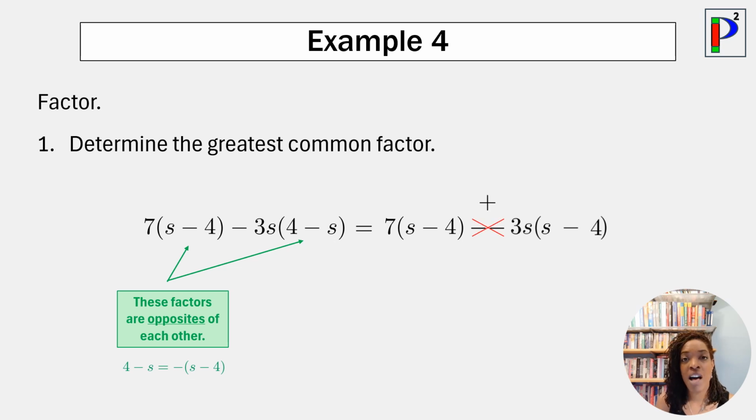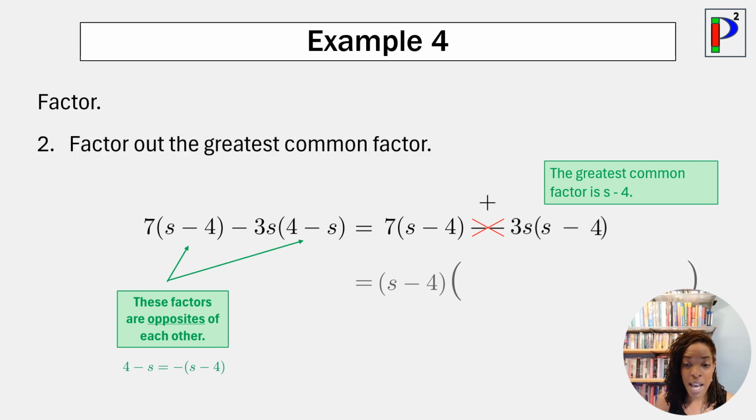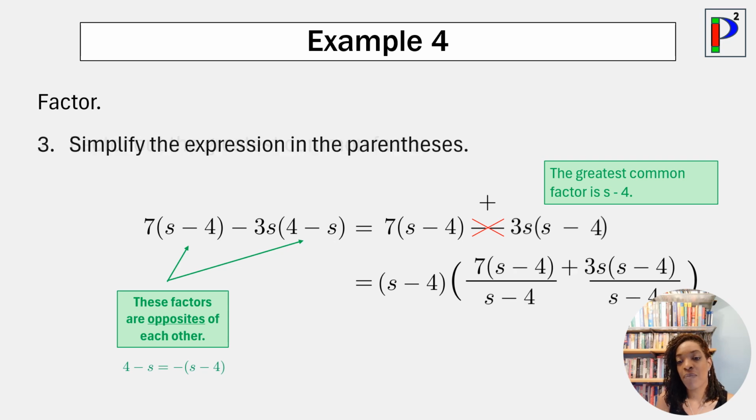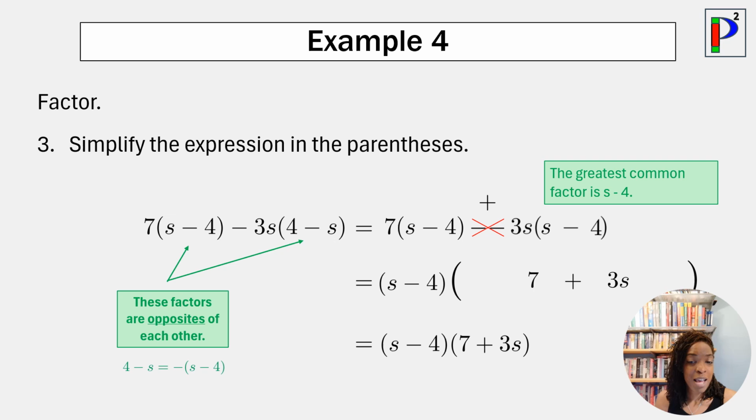As a result, we'll have a positive sign between our two terms, but we have our greatest common factor of s minus 4. So I can factor my s minus 4 out, and what's left in my parentheses is 7 plus 3s. And my final factored form is 7 plus 3s times s minus 4.